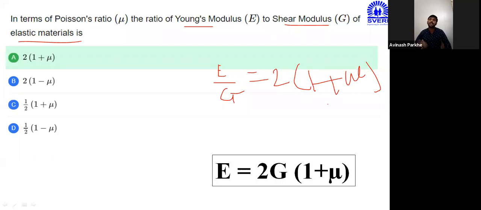So I have taken the relation between E and G, taken G to the left side, and the ratio of E upon G becomes 2 in bracket 1 plus mu. Out of the 4 options, option A is your correct answer. Such simple numericals are also asked, but there is a possibility of negative marking if you choose the incorrect option.